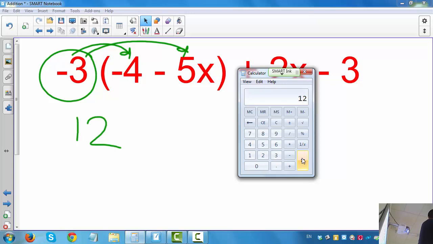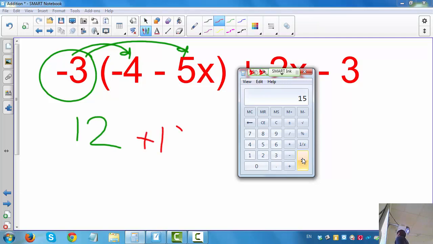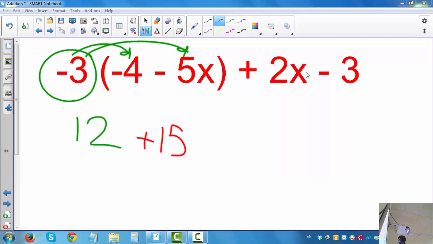Do the numbers first, then remember you have the x next to it. So minus 3 times minus 5. Minus 3 times minus 5 is 15. With no sign means plus 15. So now I just finished multiplying with the brackets.